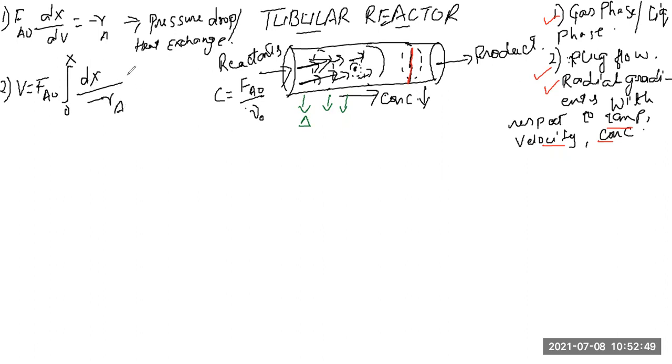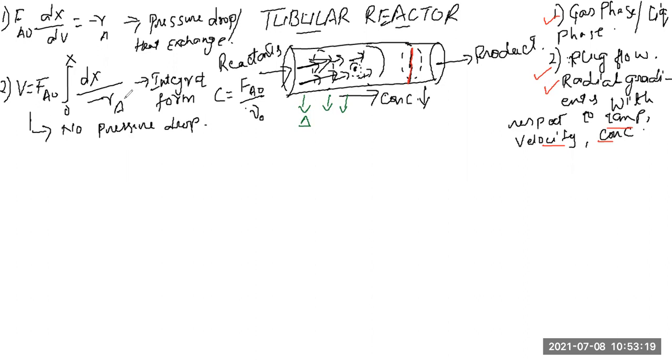This is your integral form. Since we have an integration sign, this is the integral form of the design equation, and it is used when there is no pressure drop. For now, just remember this.